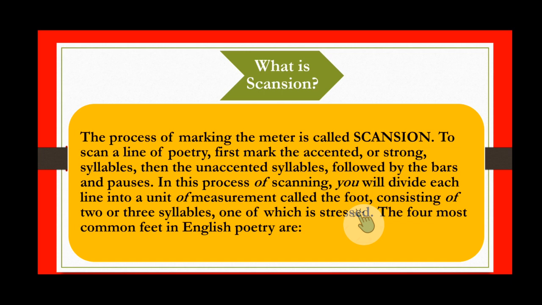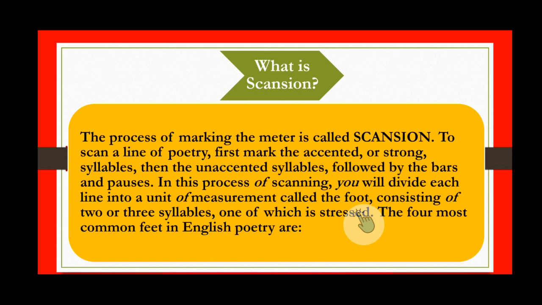Now, what is a foot? A foot is a unit in a line of poetry. And in each foot, we may have 2 or 3 syllables. Out of these 2 or 3 syllables, 1 will be stressed and 2 will be unstressed, or 1 will be stressed and 1 will be unstressed.